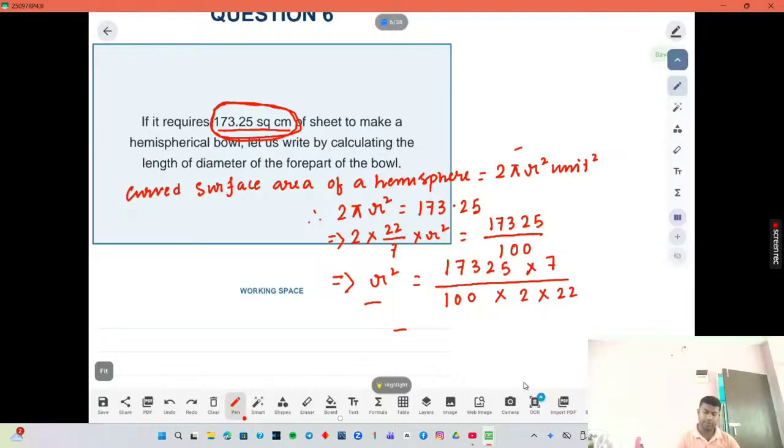After calculating we get r is equal to 5.25 centimeter. Therefore, the diameter of the hemisphere will be two times the radius. So the correct answer of this question will be 10.5 centimeter.